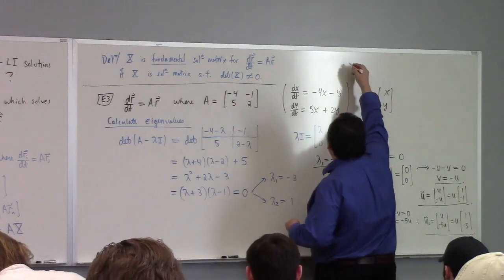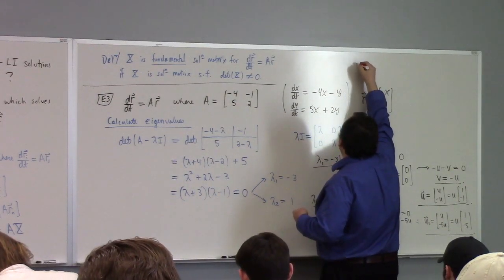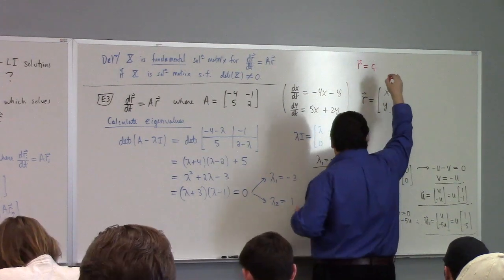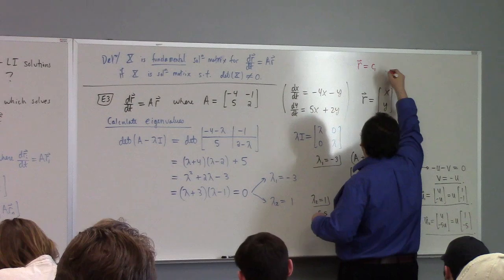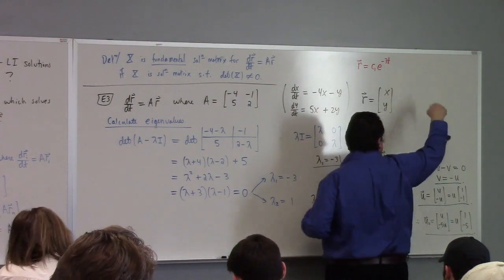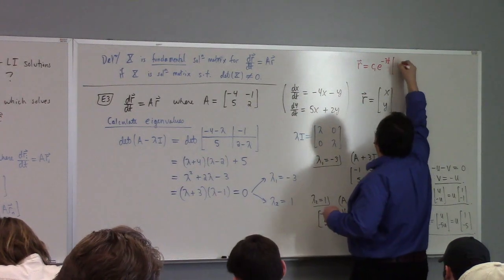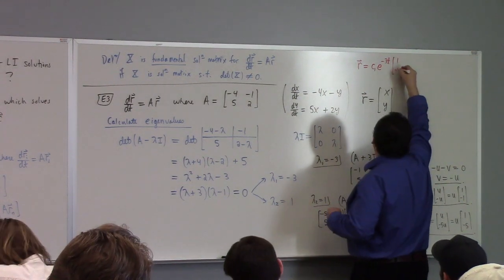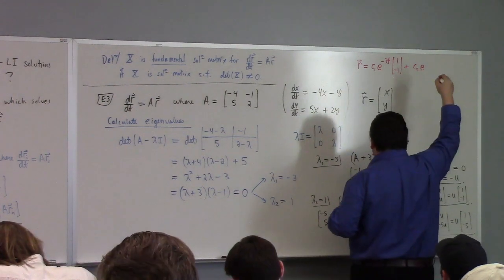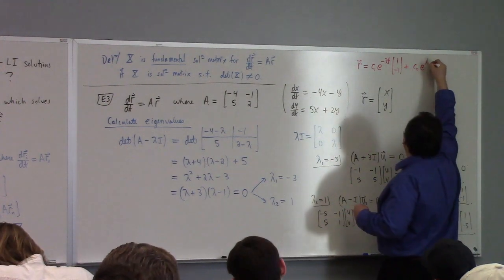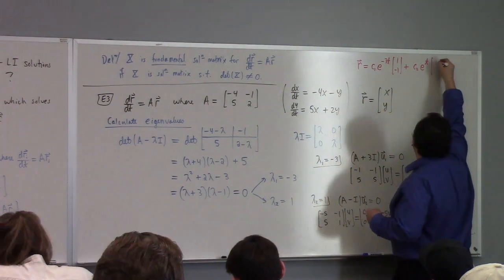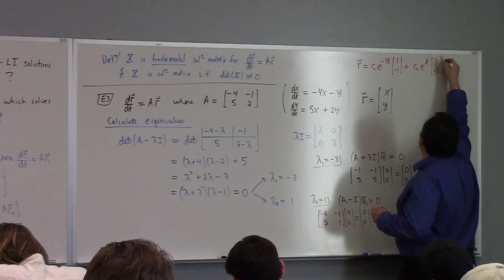So going back to what we did last time, I find that my solution has the form c1 e to the minus 3t times u1, which was, we're just going to use (1, minus 1), plus c2 e to the t times my eigenvector with eigenvalue 1, which was (1, minus 5).